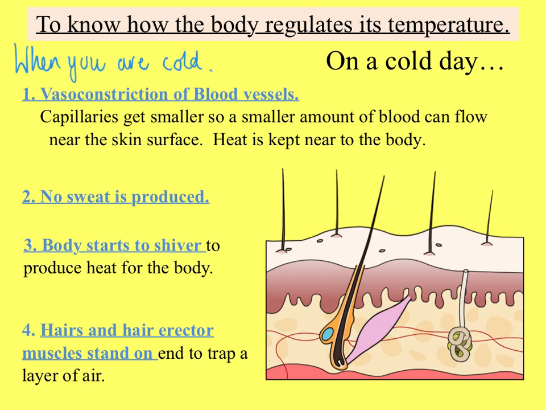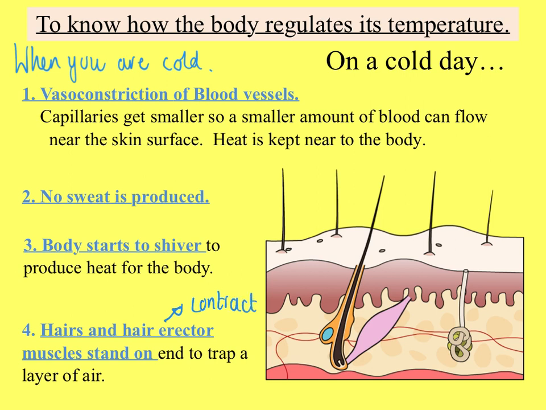So the three things that happen when we're cold are vasoconstriction, the body starts to shiver, and the hair erector muscle contracts. It's a muscle, so we use the word contract or relax.